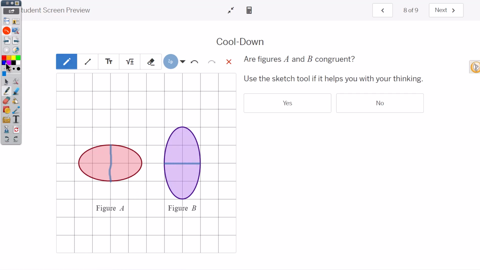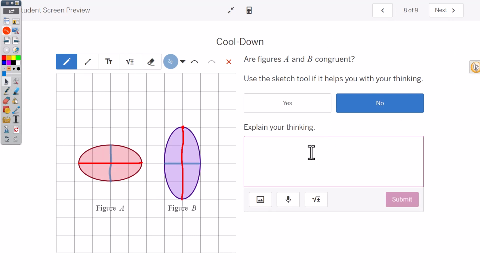But when I look at the long part, it looks like figure A doesn't quite reach over to this edge, so that's not quite 4 units. But in figure B, it does. Top to bottom is 4 units. So I'm going to say that A and B are not congruent. And we'll finish up by just saying why. Figure B is longer across the long side than figure A.